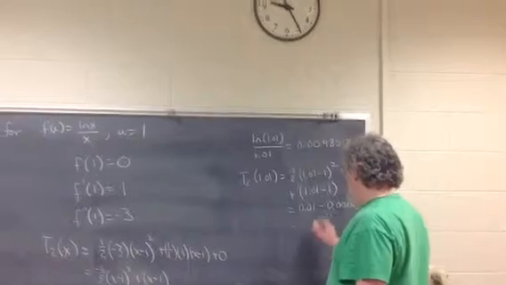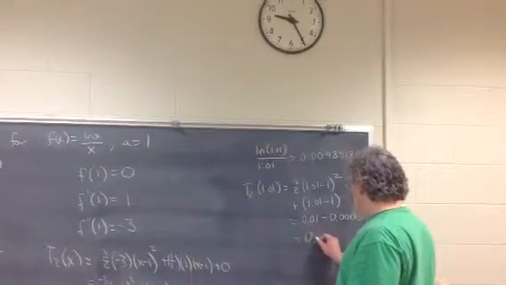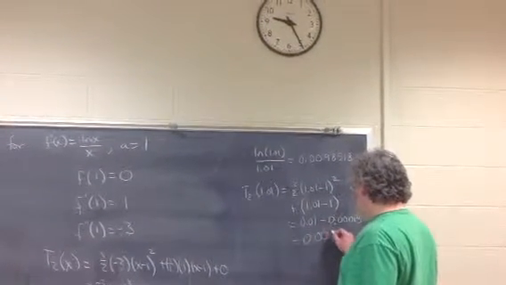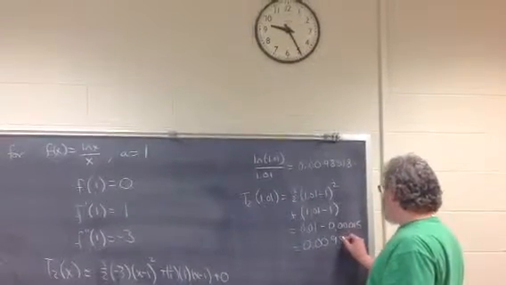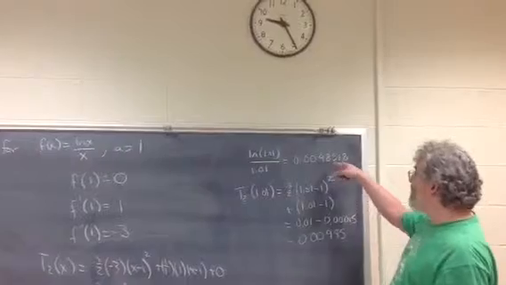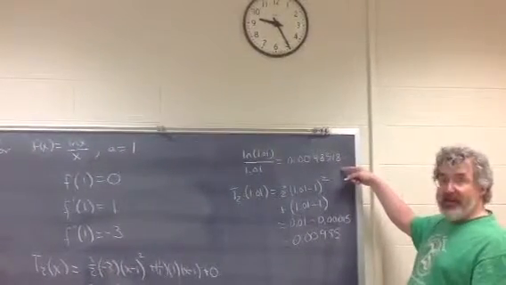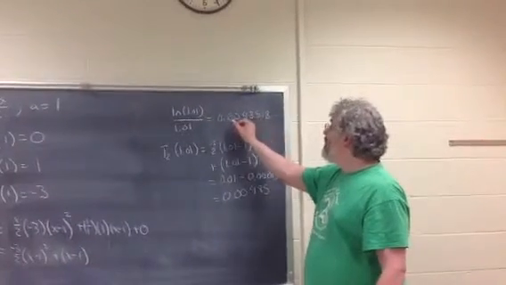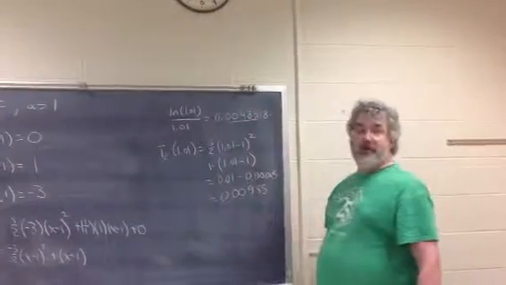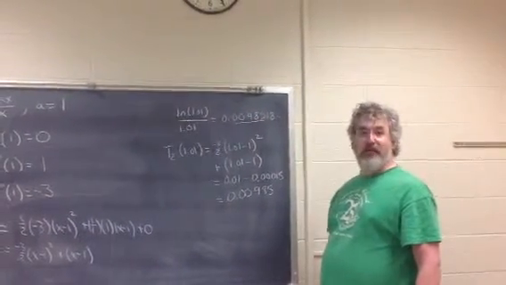So I get 0.00985. There's the actual value. My calculator gave me that. Compare what we found. Notice, it's correct to 5 digits. Until next time, this is Dr. Jett.